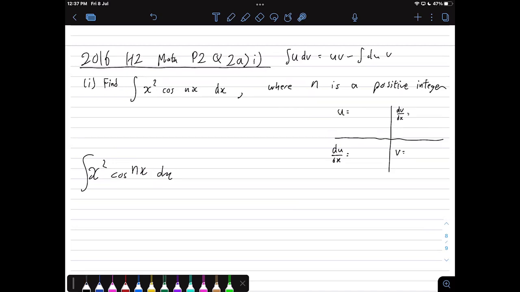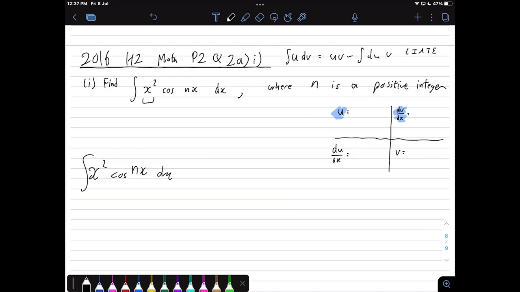Okay, good. So who do we pick first? What is our main problem, is it the bottom 2 or the top 2? The top 2. So that's our main focus, the top 2. Who is u, who is dv? What rule do you need to use? LIATE. X squared here is which one?